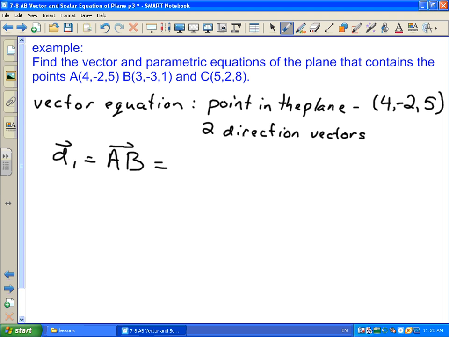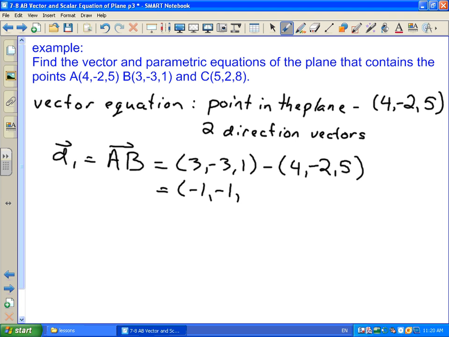And to find the vector AB, we're going to take the endpoint, subtract the starting point. So we get 3, negative 3, 1, minus 4, negative 2, 5. Negative 1, negative 1, negative 4.